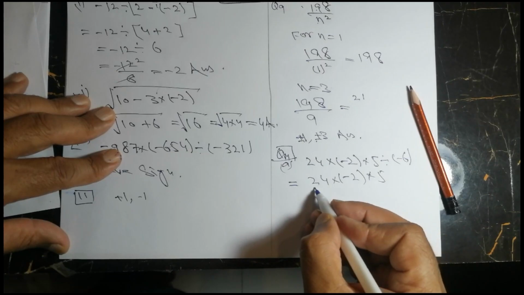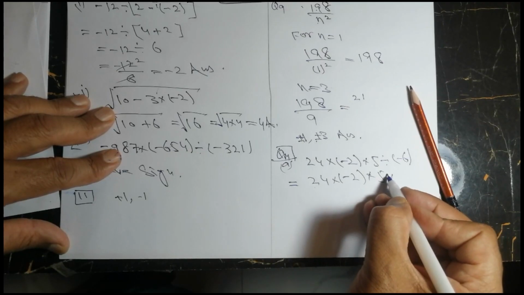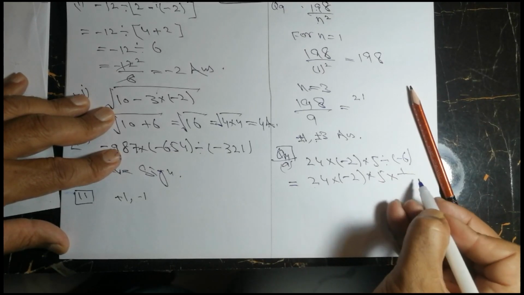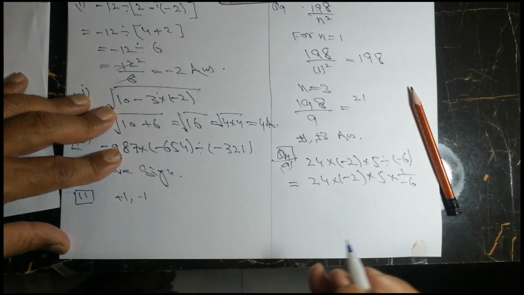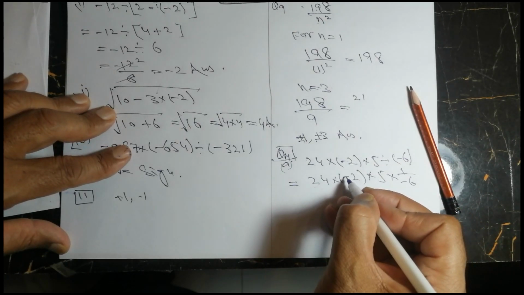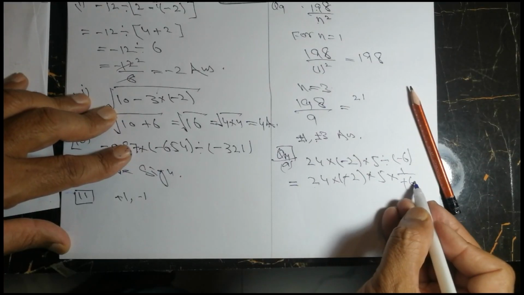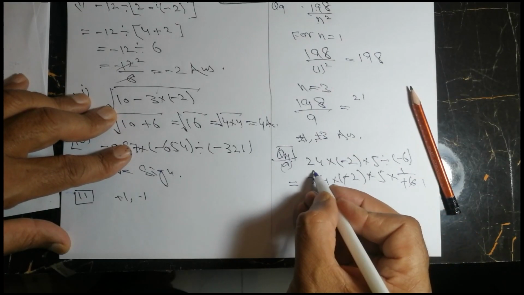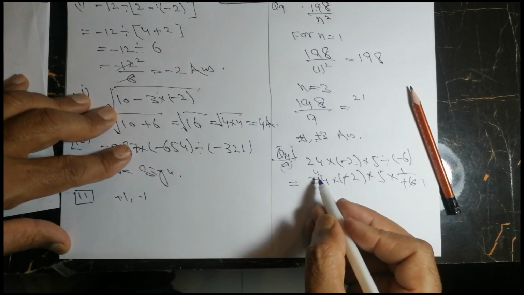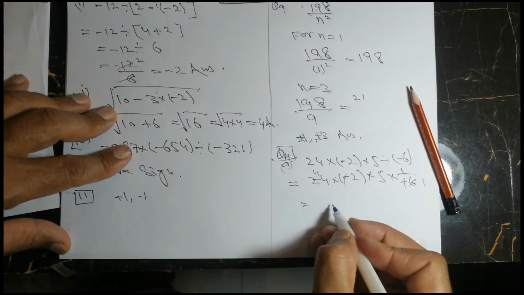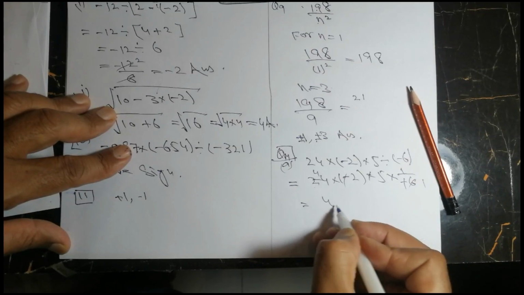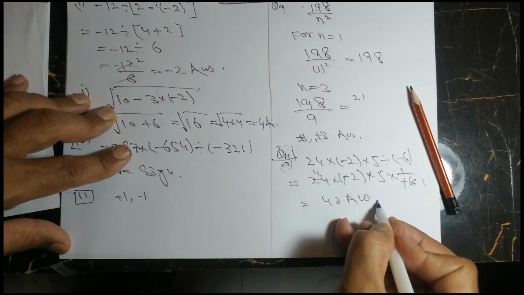We can divide like this, or we can write 1 by minus 6. So now this minus can be cancelled with this minus. So this is positive. 6 4s are 24. And now 4 into 2, 8, 8 into 5, 40. 40 is the answer of this question.